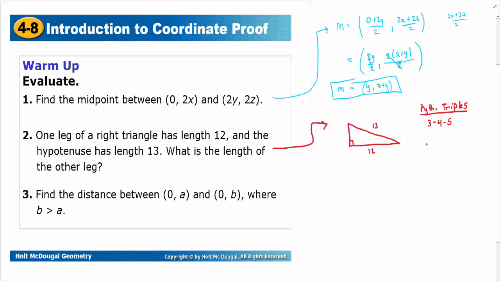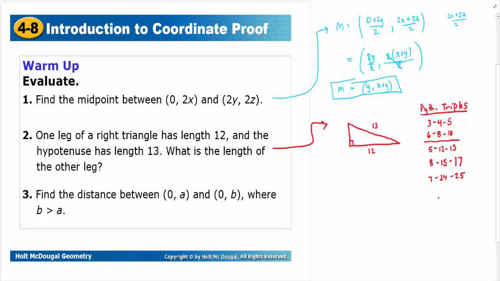You could do any multiple of that, like 6, 8, 10, or there are some other Pythagorean triples you can use as well. One of which is 5, 12, 13. We have 8, 15, 17. And we have 7, 24, 25. There are some other ones, but these are the most common ones.